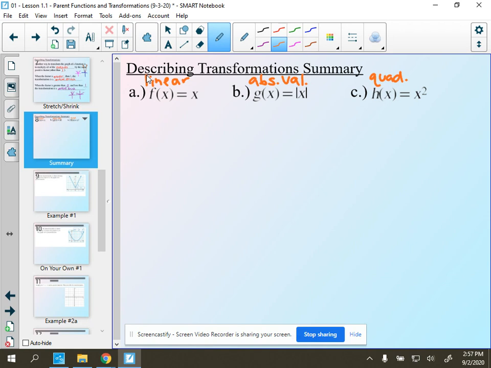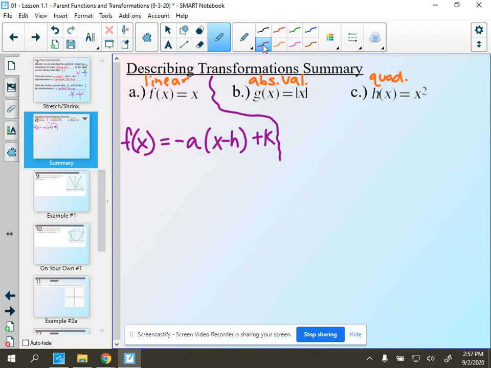What could happen to any one of these? There's really, like I said, three or four different things that could happen. This could become, let's just say, f of x equals the opposite of a times x minus h, plus k.